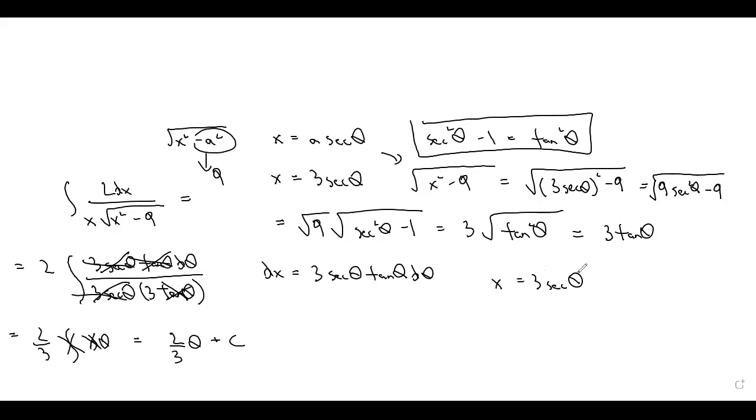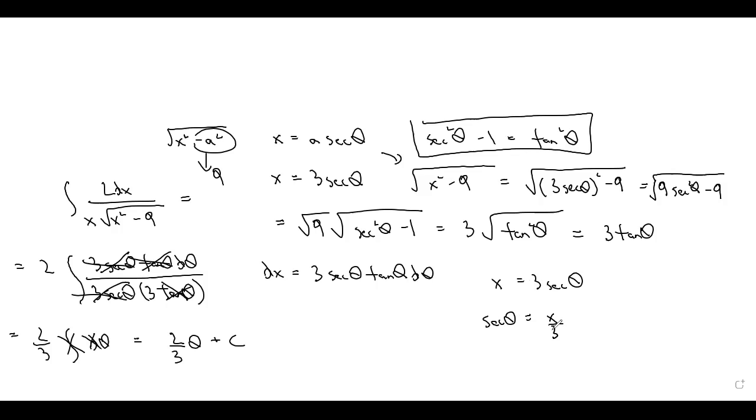Okay, x equals 3 secant theta. In this case, we'd like to solve for theta in terms of x. Well, this one doesn't require any special triangle. First, let's take the 3 and move it over and change it to division. So you get secant theta equals x/3. Then you apply the inverse secant function to each side, and you get theta by itself.